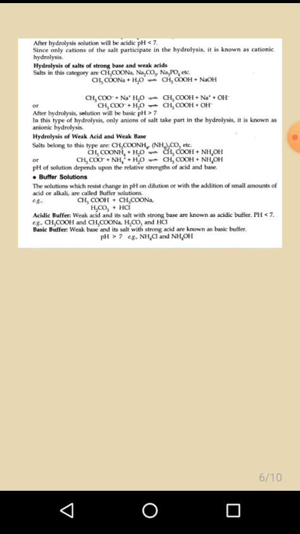Next one is buffer solution. The solution which resists change in pH on dilution or with the addition of small amount of acid or alkali is called a buffer solution.